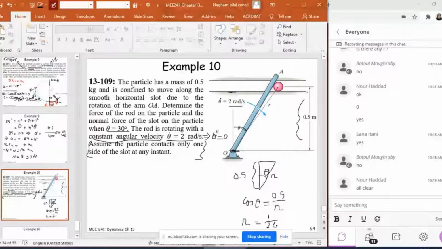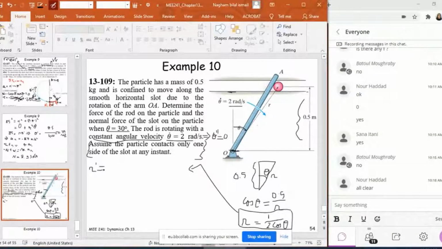So now, guys, I know the equation of R in terms of theta. If I know the equation of R in terms of theta, I can find R dot. R dot would be dR over d theta times d theta over d time, which means times theta dot. And theta dot is given.